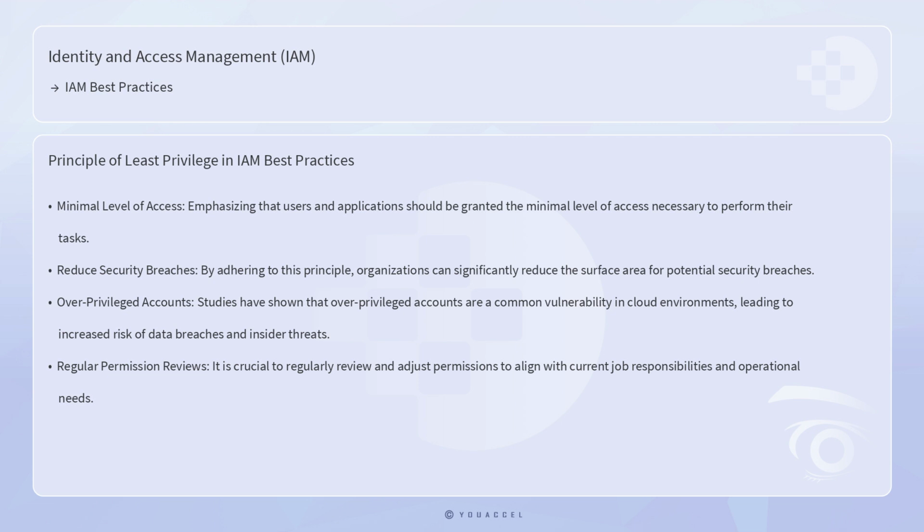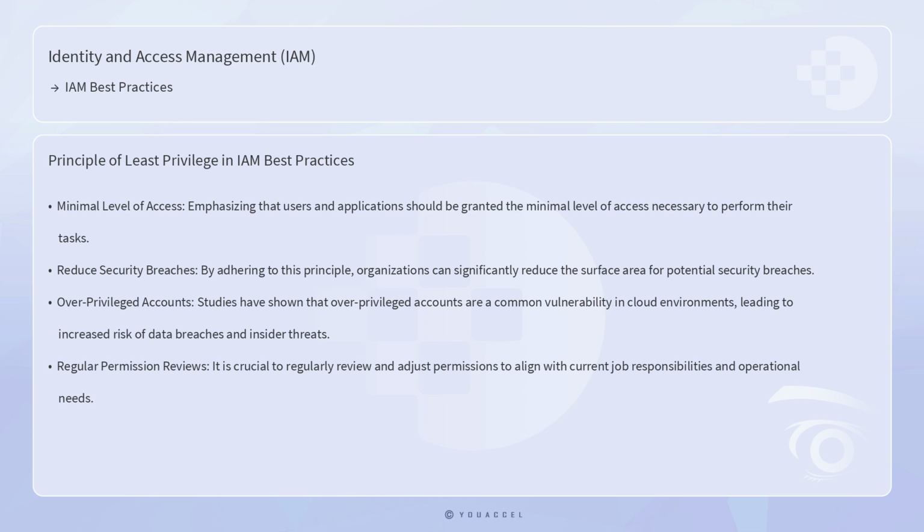The principle of least privilege is a cornerstone of IAM best practices, emphasizing that users and applications should be granted the minimal level of access necessary to perform their tasks. By adhering to this principle, organizations can significantly reduce the surface area for potential security breaches.